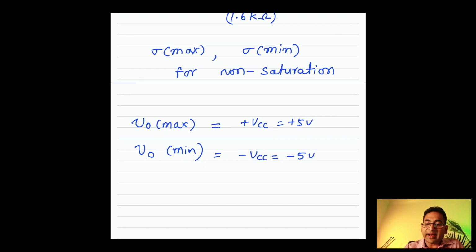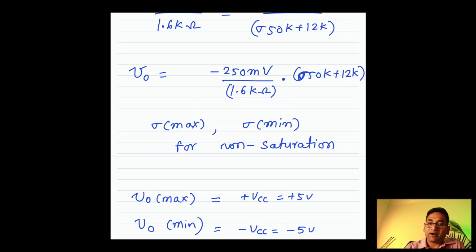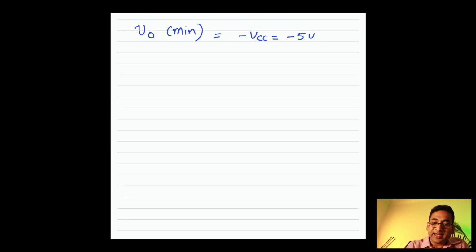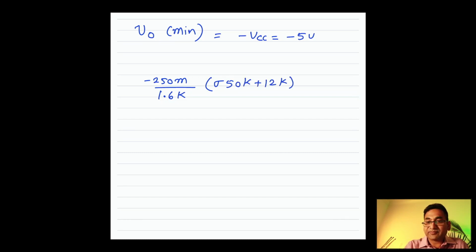So it's just a matter of equating all of this. Negative 250 milli divided by 1.6 kilo times sigma 50K plus 12K is 5 volts.